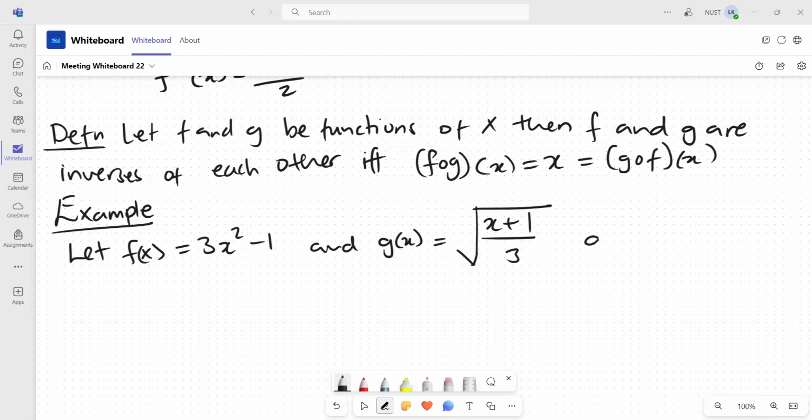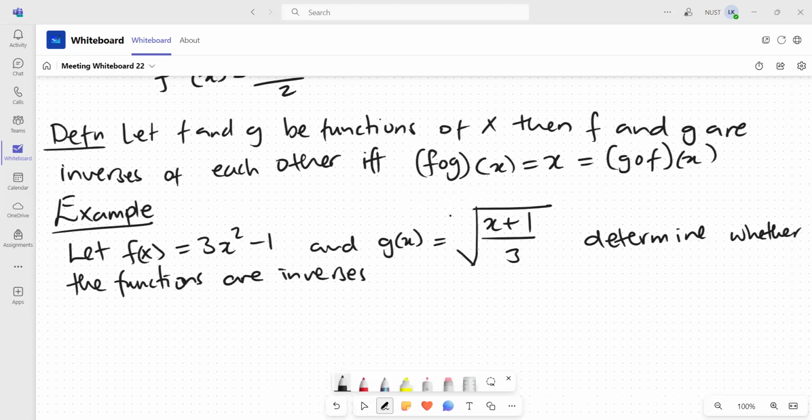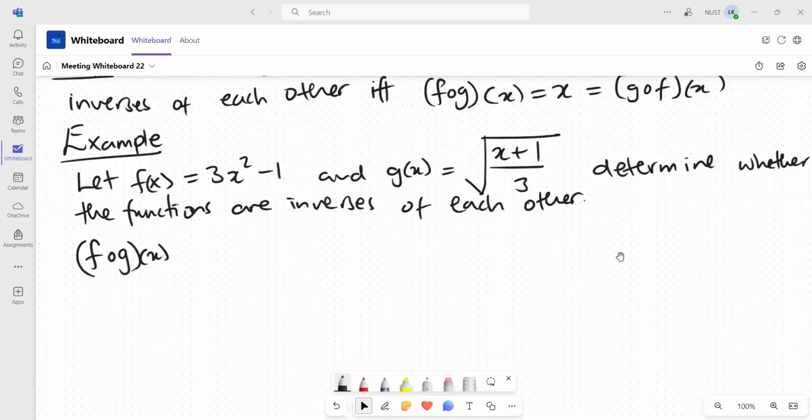Now it says determine whether these two functions are inverses of each other. Okay, so how do we do that? We find f of g of x, and then we find g of f of x, and both of them must be equal to x.